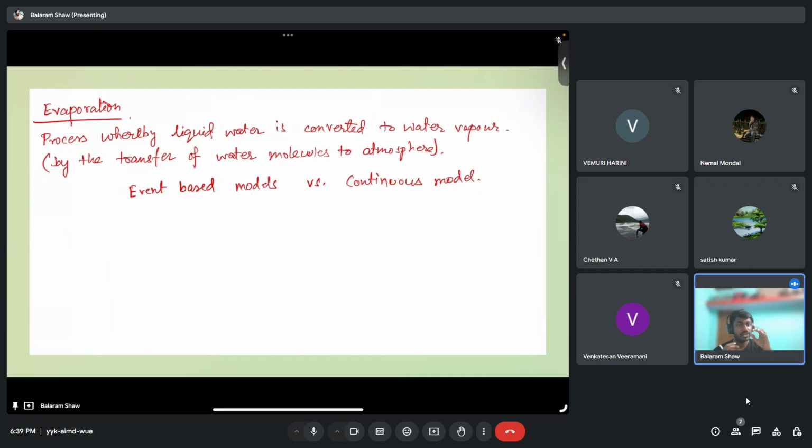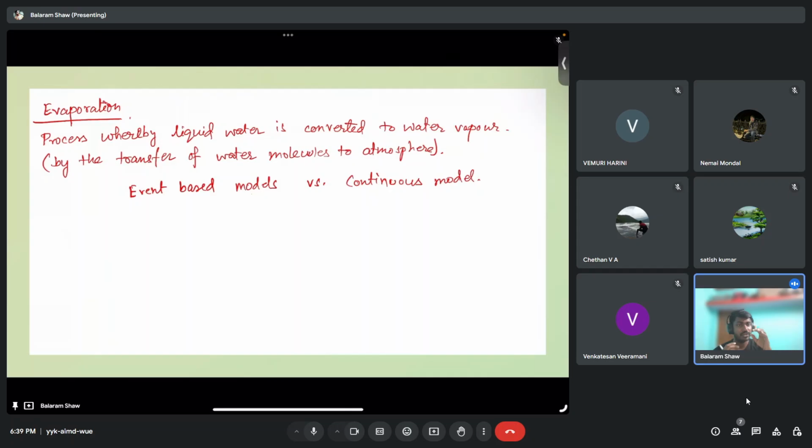So Dalton's law of evaporation gives EL, and wherever I write EL from now onwards, it will be considered as the evaporation loss or evaporation rate. EL is equal to C into (EW minus EA), where E is the vapor pressure, EW is the saturation vapor pressure at water temperature, and EA is the actual vapor pressure in the air.